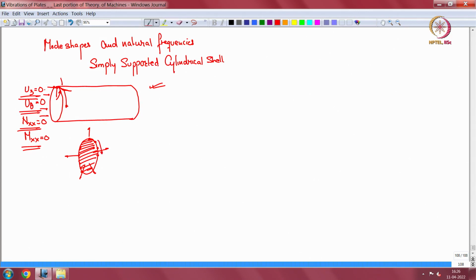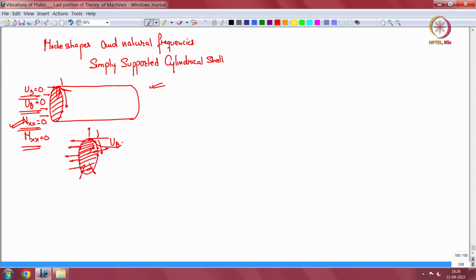So, it will prevent u theta movement also, okay, and because it is just at the edge, it will not prevent axial extension, and therefore nxx is 0, and it will not prevent rotation, and therefore mxx is 0.